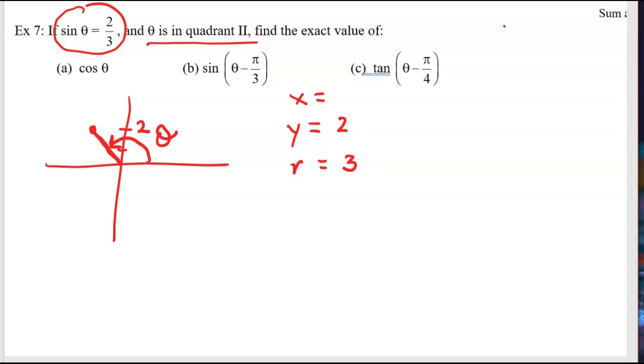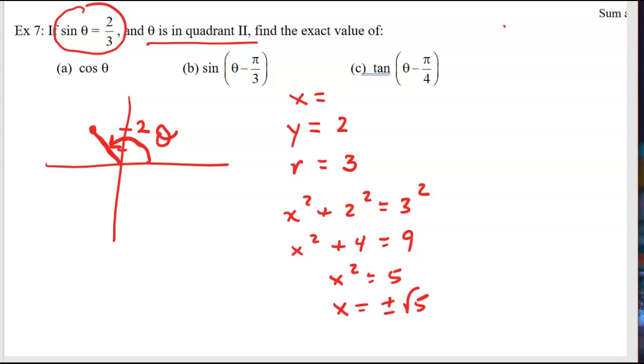Theta is an angle between 90 degrees and 180. Now we can use the Pythagorean theorem. x squared is 5, so x is positive or negative root 5. Since I'm in the second quadrant, the x coordinate must be negative root 5.